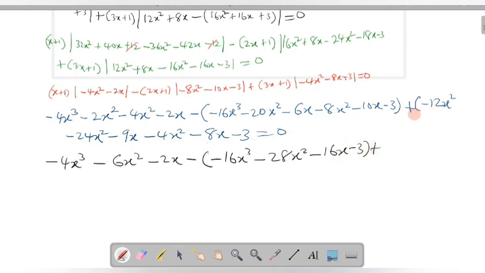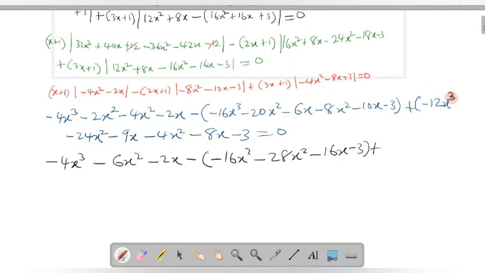Plus, so this plus can just go in between because it is plus, so they retain their sign. So we have minus 12x cubed, not squared. 3x times this gives us minus 12x cubed. So we corrected that.